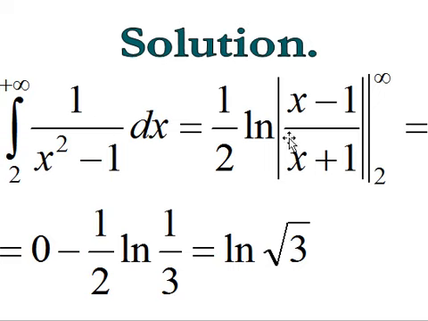So its result is equal to 1/2 multiplied by a natural logarithm of such expression. So when we substitute infinity and 2, the result will be natural logarithm of square root of 3.